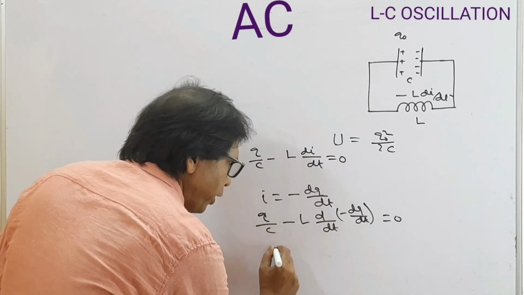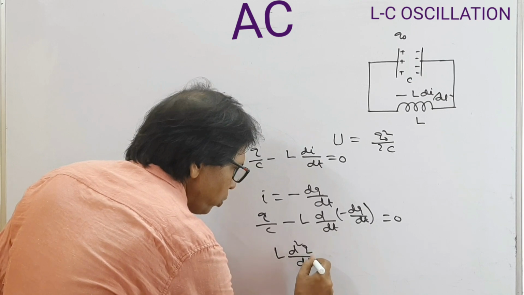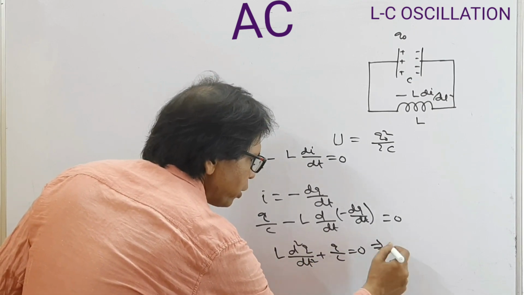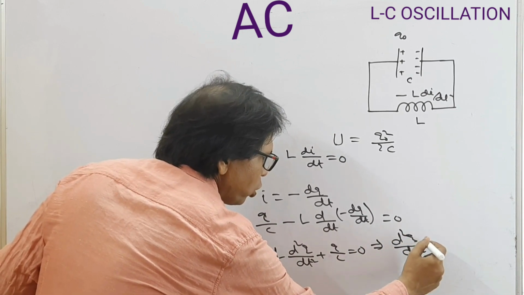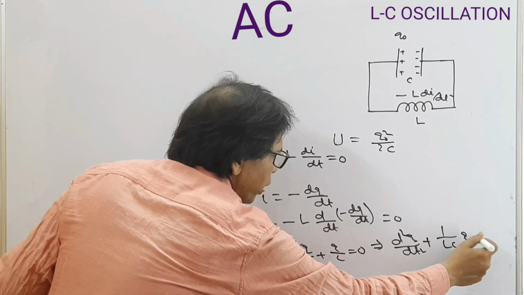So finally you get L into d square Q by dt square plus Q by C equal to 0. So this is d square Q by dt square plus 1 by LC into Q equal to 0.